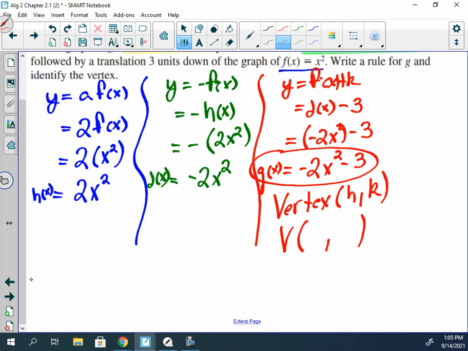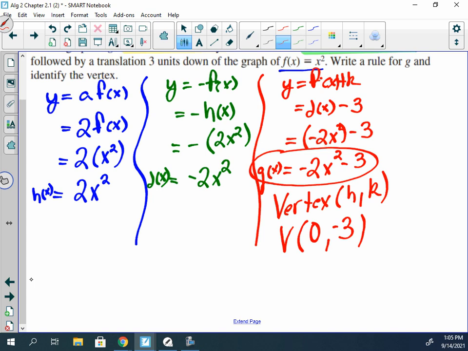Do we have a value in parentheses being added or subtracted from x? No. So what is the only number that we could add or subtract from another number and not change anything? 0. So h is 0. Now what's our k value? Negative 3, because we went down 3. So the vertex is 0, negative 3.